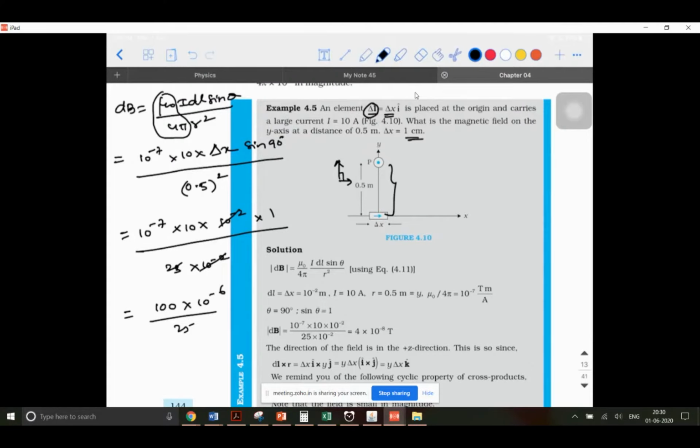Just a minute. So 10 ampere, right? So 10 into delta x. Delta x is going to be 1 centimeter, that's 10 power minus 2.